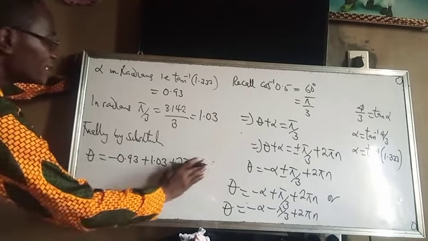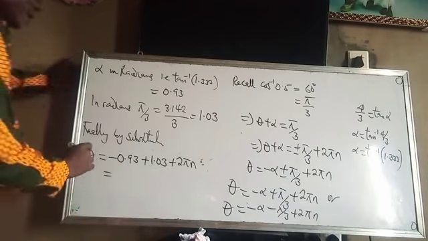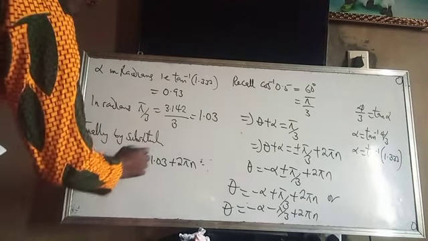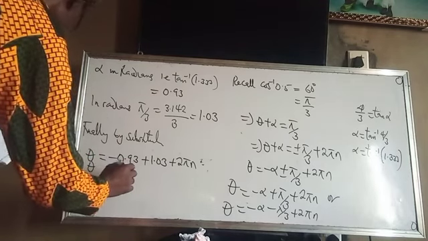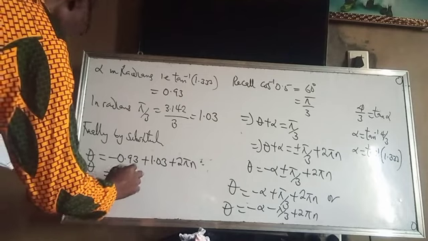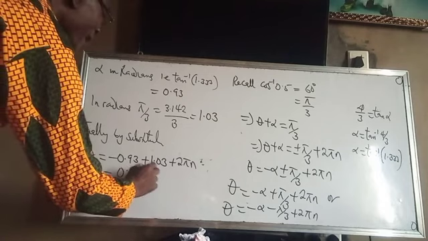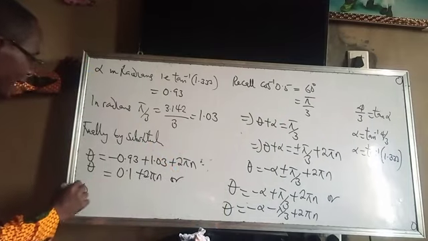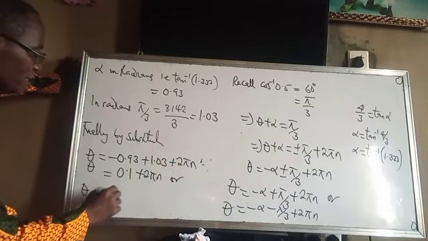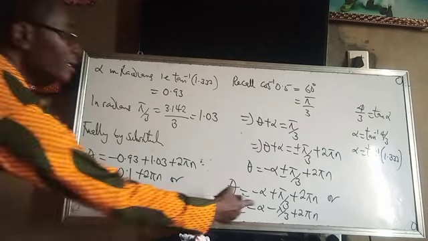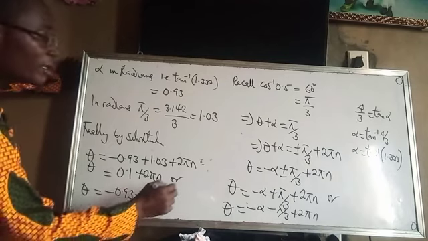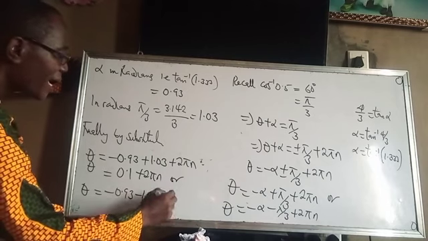Okay, let's complete this. If we add that together, minus 0.93 plus 1.03, that will give us 0.1 plus 2 pi n. Or the other version, the second one, theta equals minus 0.93 minus pi over 3, which is 1.03, plus 2 pi n.